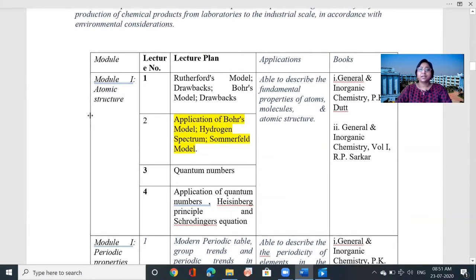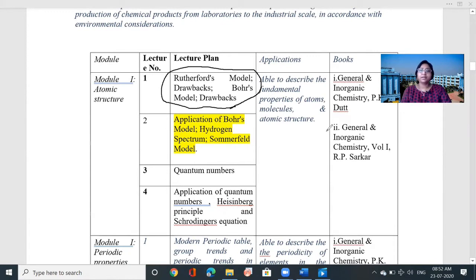So I have started module 1, atomic structure. Already we have covered the first lecture, that is the Rutherford model, its drawbacks and the Bohr's model. You have seen how Rutherford did the experiment with the alpha particle, the beam of radiation, how it passes through the gold plate and how it is deflected.